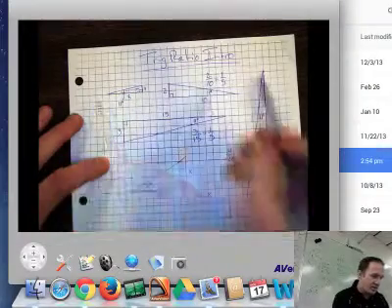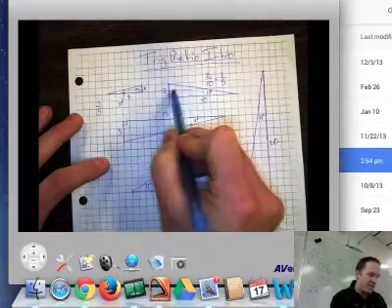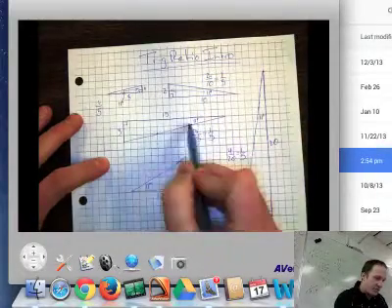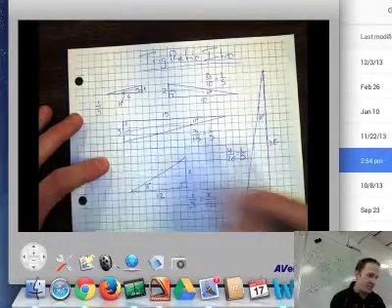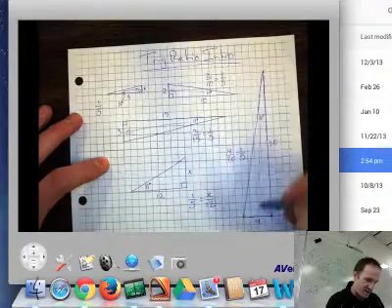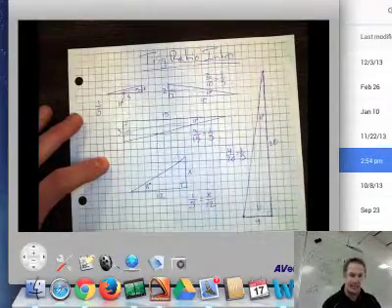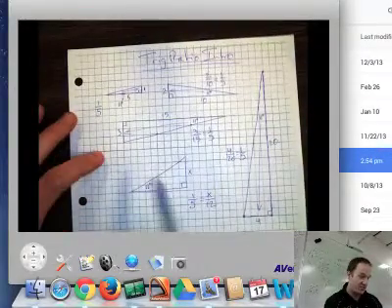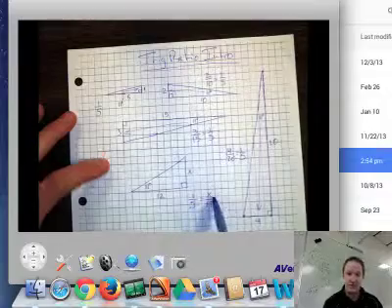It was on top. 2 is the side that's opposite the 11 degrees. It was on top. 3 is the side that's opposite the 11 degrees here, and it's on top. 4 is the side that is opposite the 11 degrees, and it's on top. The side that's opposite this 11-degree angle goes on top. So that's why I got the x up here.